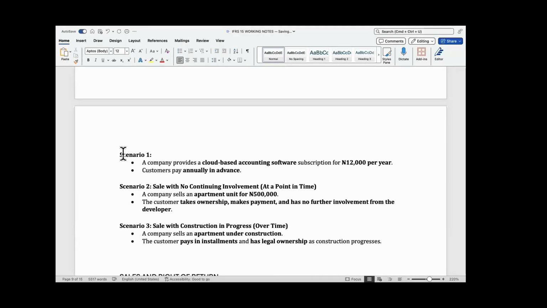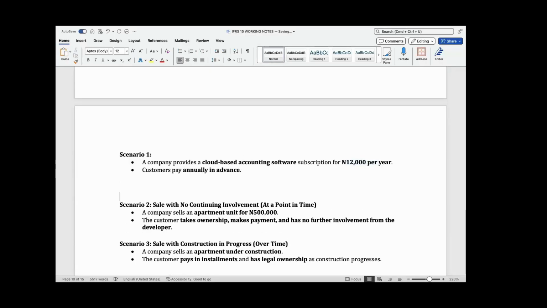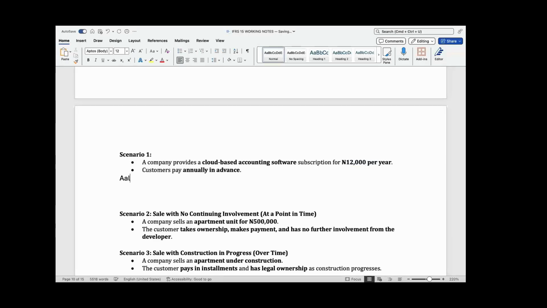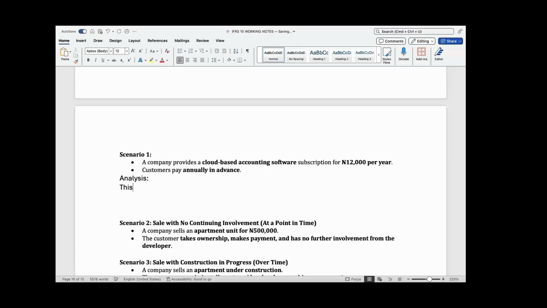Now, scenario one: a company provides a cloud-based accounting software subscription for 12,000 per annum. The customer pays annually in advance. So this is a performance obligation that is satisfied over time.